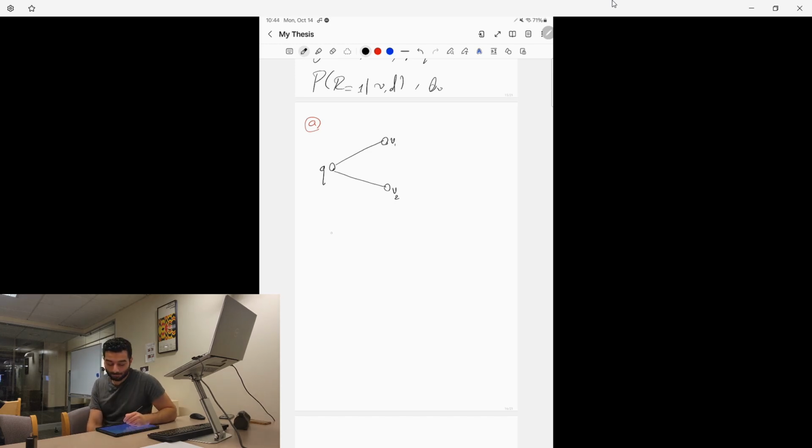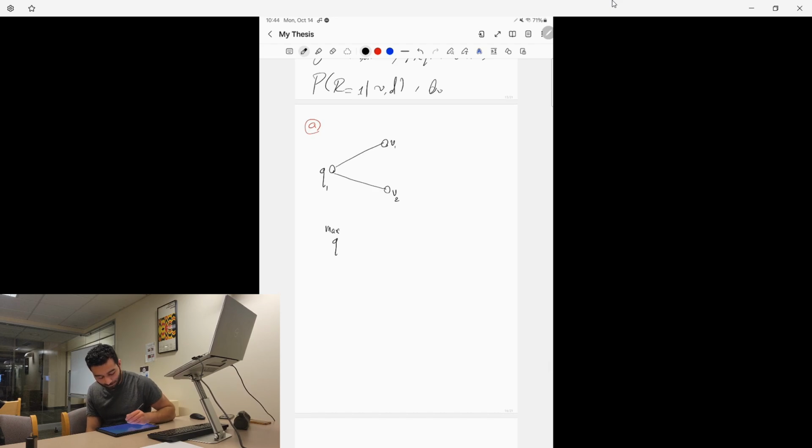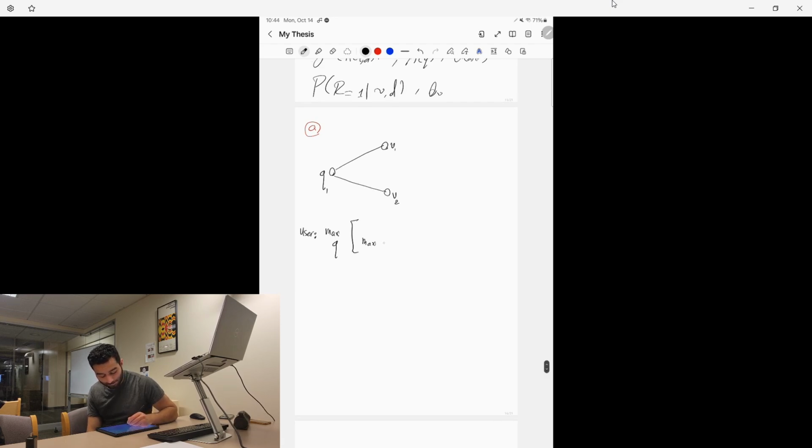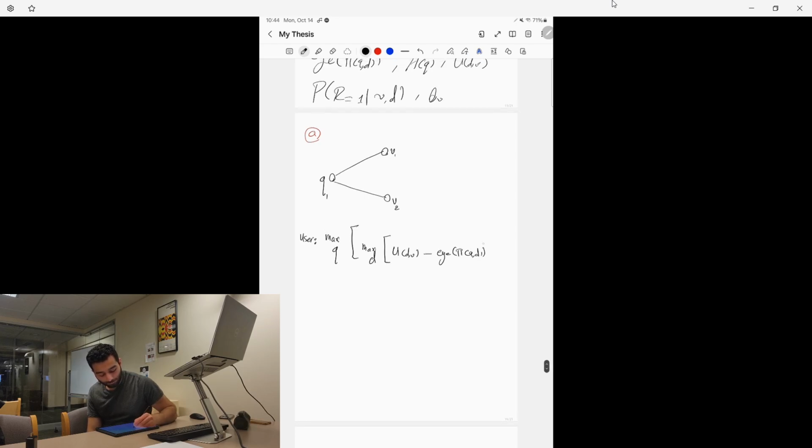The platform is U of D and B. So we want to maximize on Q1, maximizing, that's the user, maximizing on D of U of D and B minus eyeballing cost of pi Q D minus A Q. That's it.